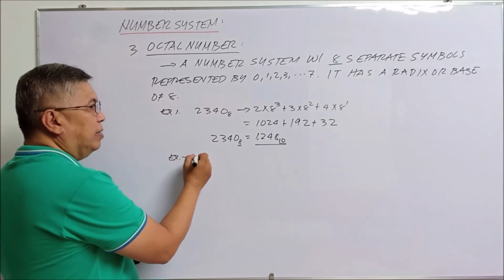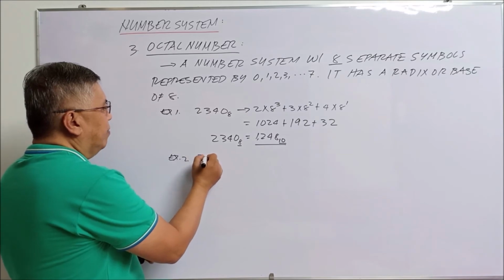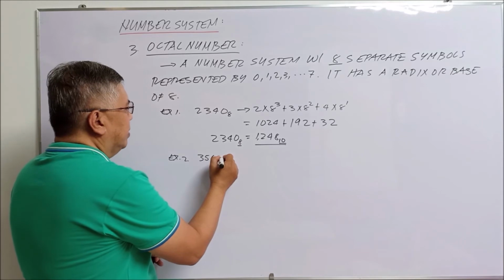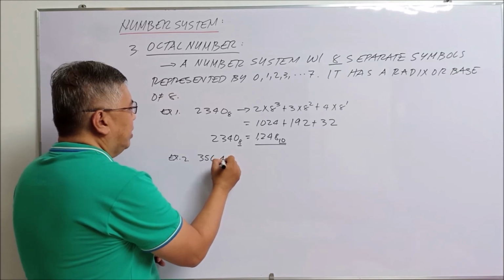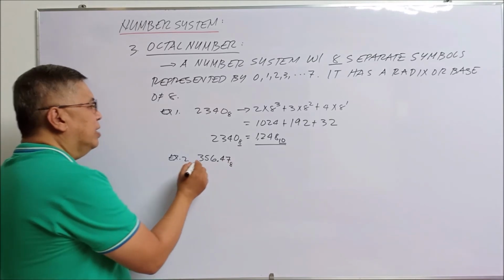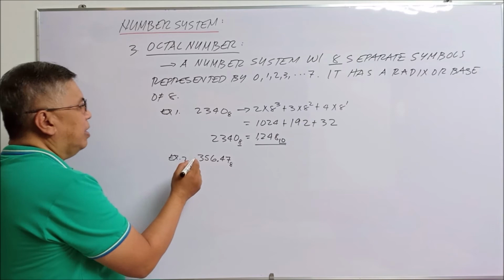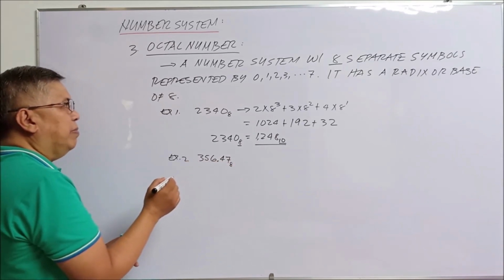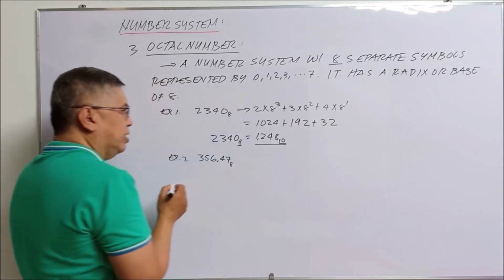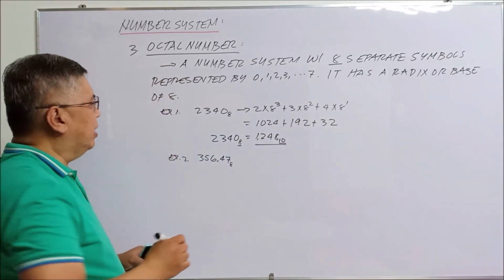Another example: for example, you have 356.47 of base 8. Again, the numbers here should be represented only by symbols from 0 to 7, and there is no more 8 in this particular octal number system.